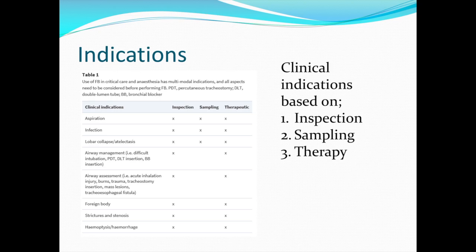Surgical treatment may also be required. Bronchoscopy is a relatively safe procedure with a less than 2% rate of complication. However, there are some absolute and relative contraindications which I will discuss now.